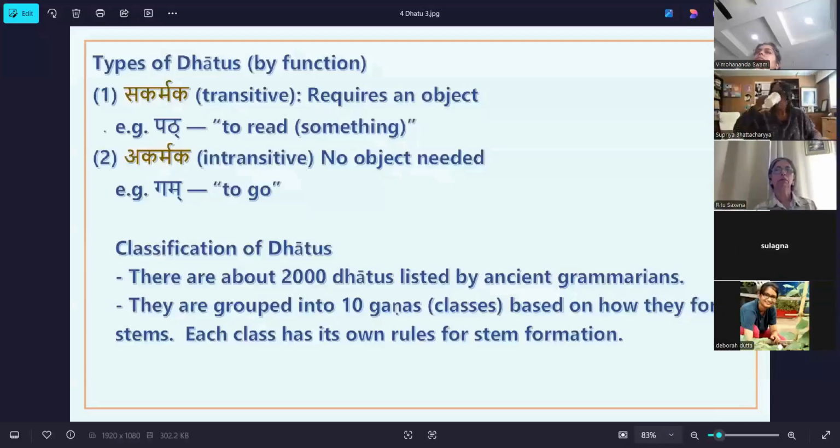So, bhavati, bhavatha, bhavanti, like that you say. Adadi gana: atti, attha, adanti, like that. It is not that there is a huge difference. Afterward there is some difference. So each class has its own rules.